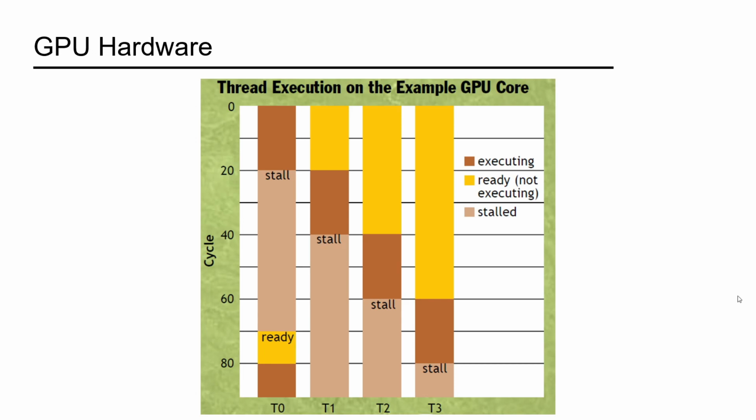In order to completely hide this memory latency, we want enough threads that we can keep executing until the first stalling thread finishes its I/O operation and is ready to execute again. The way the GPU core switches between threads is very reminiscent of Intel's hyperthreading technology, but in the GPU, the switching of threads is much quicker, and we have less overhead.